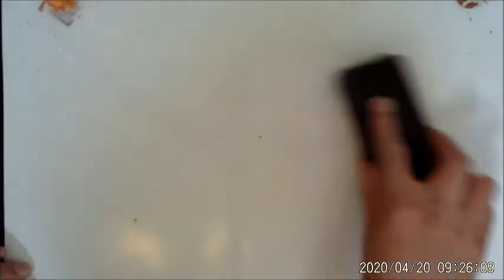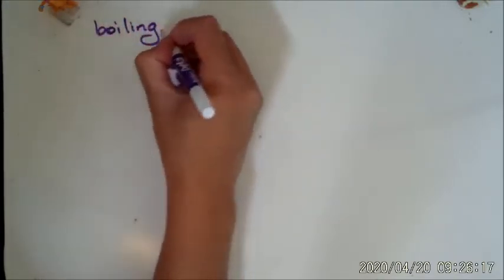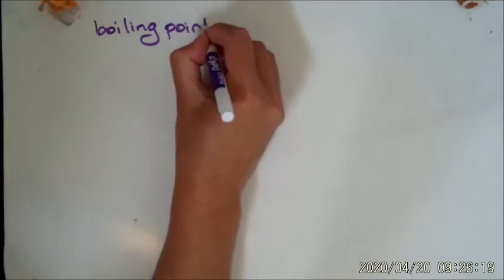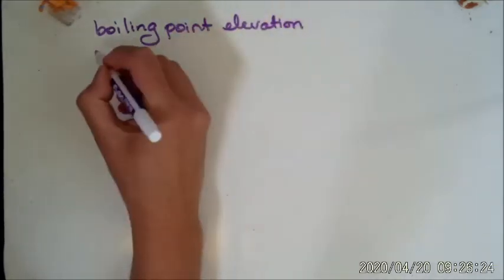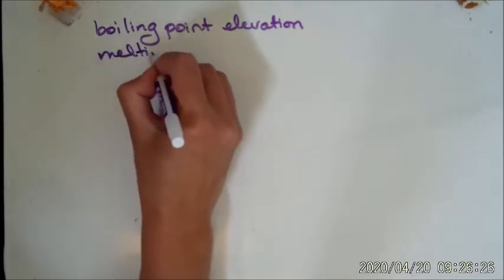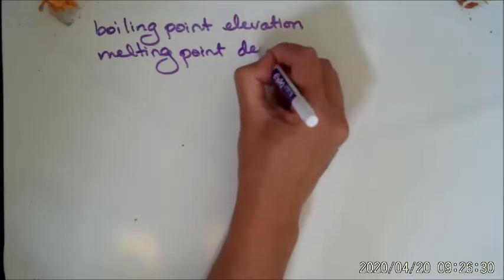What are the next topics for colligative properties? They are boiling point elevation and melting point depression.